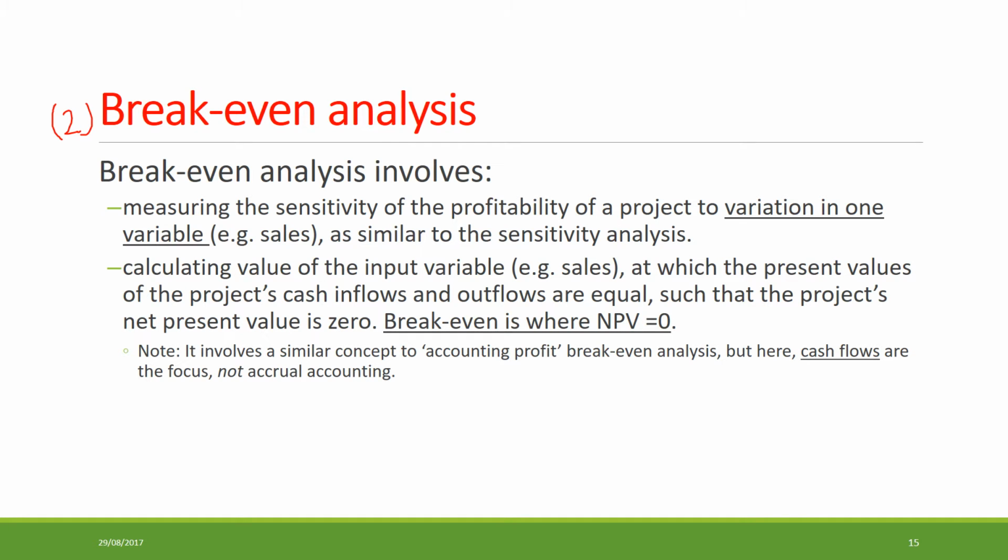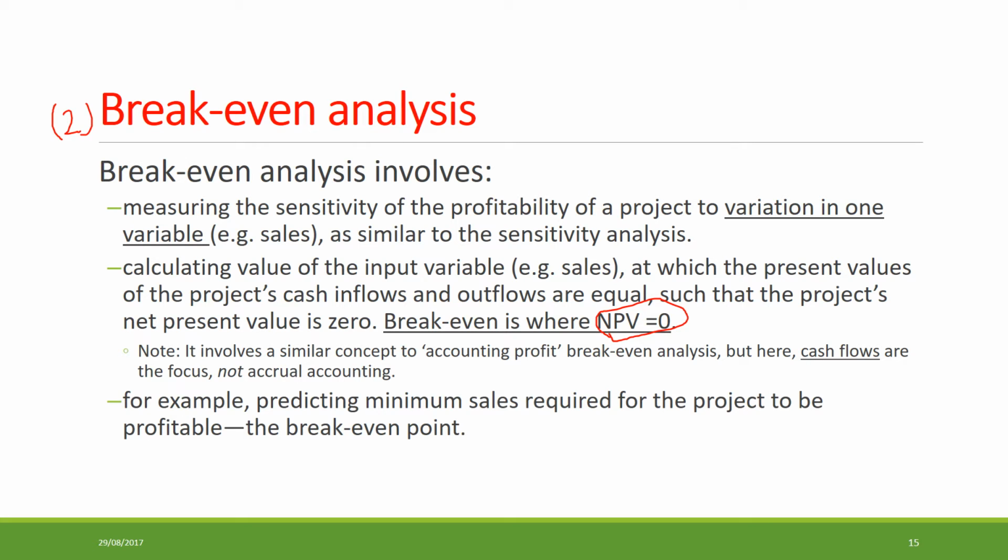We then calculate the level at which the NPV is equal to 0. So our break-even point, for example, for the sale price, is the sale price at which our NPV is 0, meaning that our project's cash flows are just enough to cover the cost of the project.